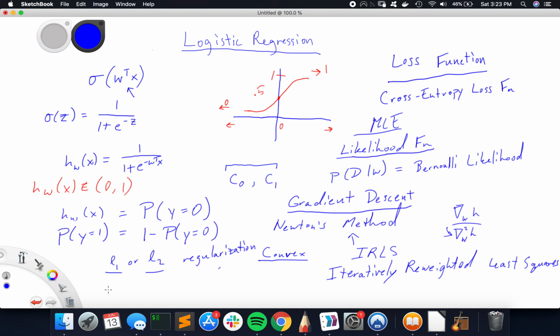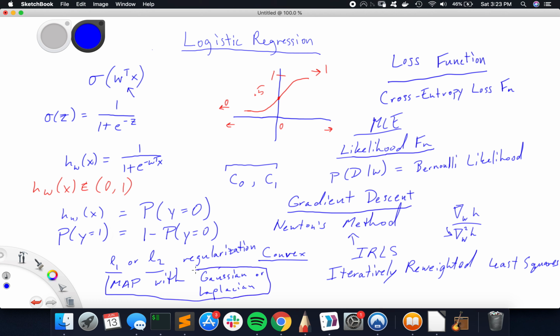And of course, those are equivalent to performing MAP estimation with either a Gaussian or Laplacian prior on your model's weights. And if that was all mumbo jumbo to you, don't worry, we'll have another video on MAP estimation, so that'll become a lot more clear. But that's the gist of it.